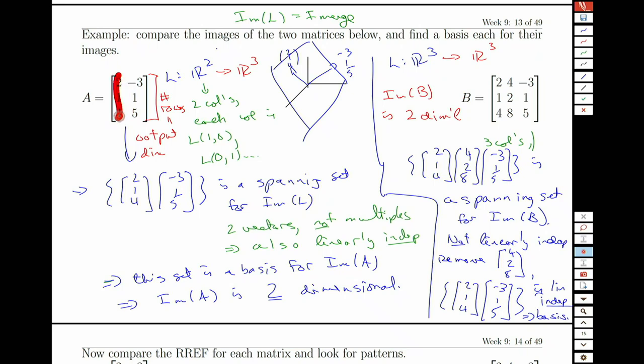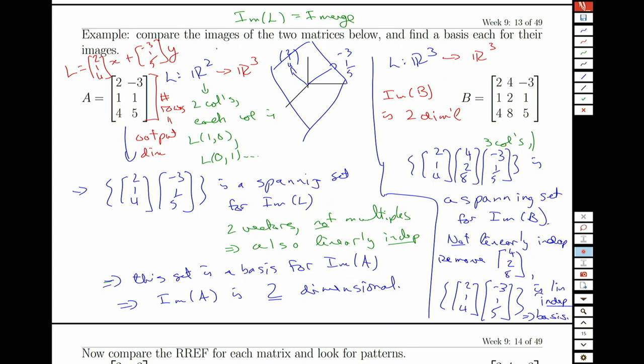So this 2, 1, 4, we get 2, 1, 4 times whatever my input x value is, and then plus negative 3, 1, 5 times my other input. So literally we get all possible linear combinations of that column vector 2, 1, 4 and that column vector negative 3, 1, 5. So that's what I have to build my outputs with, and so they are a nice spanning set for the image. With those, I can get everywhere in the image.